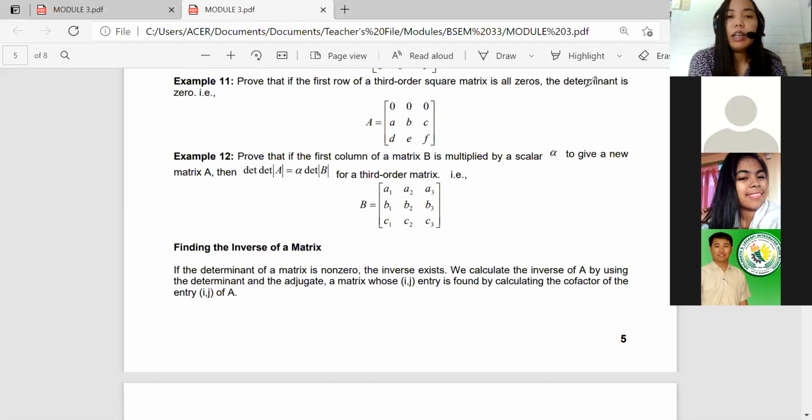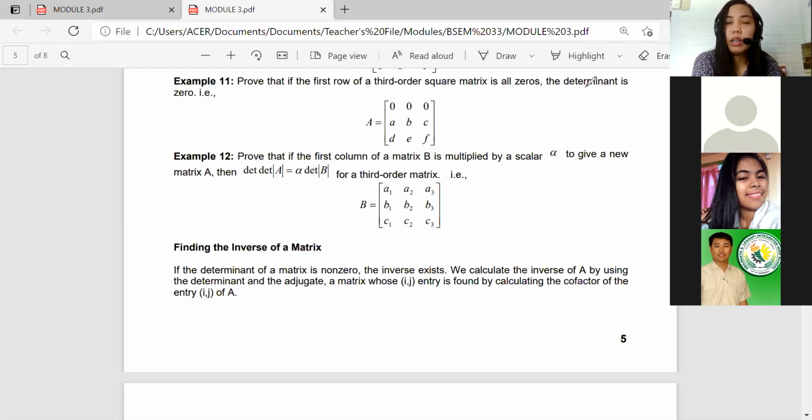Okay, next, finding the inverse of a matrix. This is a bit long. We need to get the minors, cofactors, the determinant of the given matrix, and then the adjoint or adjugate before we get the inverse. Last time, in finding the inverse of a matrix, we used Gauss-Jordan elimination. But this time, since our topic is about determinants, our method is different.